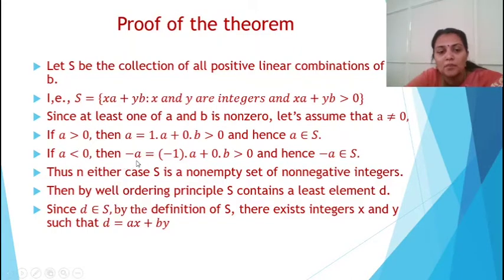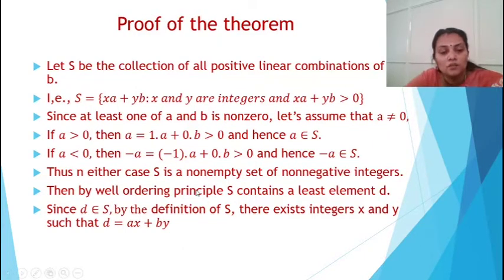Then minus A can be written as minus 1 into A plus 0 into B, and minus A is greater than 0. Hence minus A is an element of S. So in both cases there will be an element of S. So S is a non-empty set of positive integers.